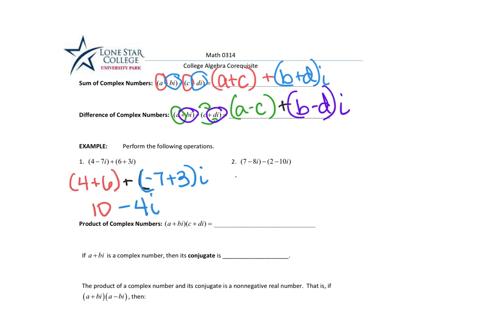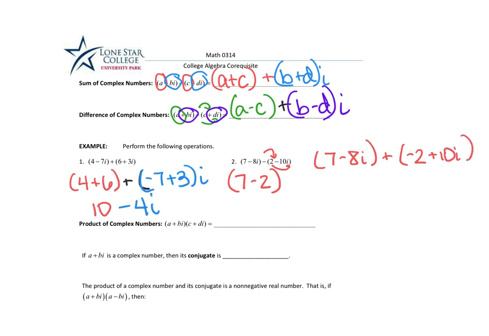Same thing here. 7, and you're doing a minus, so it's 7 minus 2. And I'm going to distribute this out actually and change these signs. So I'm going to make it like this. I like to always add rather than subtracting. So I'll rewrite this as 7 minus 8I plus negative 2 plus 10I.